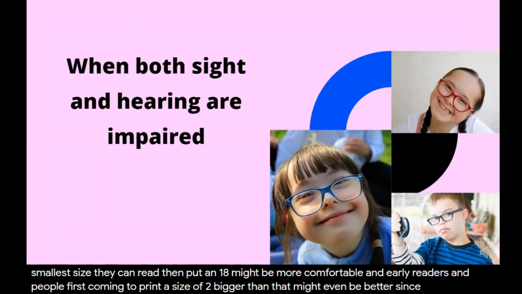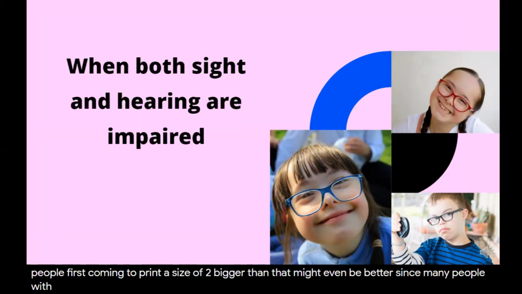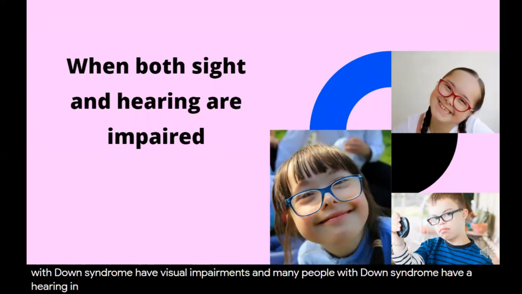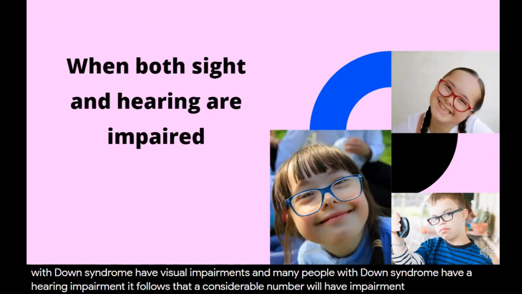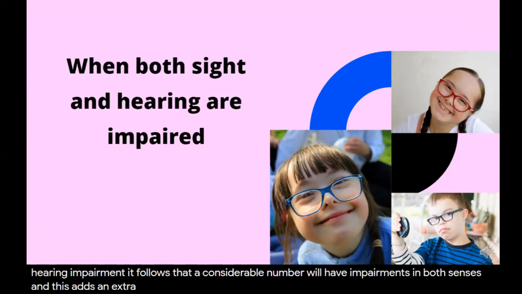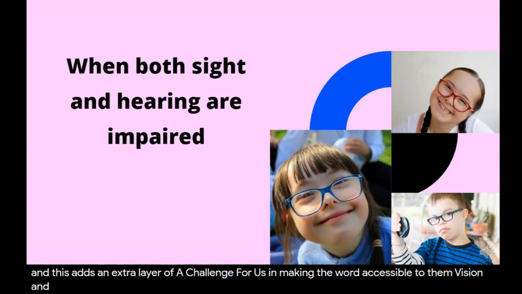Since many people with Down syndrome have visual impairment, and many have a hearing impairment, it follows that a considerable number will have impairments in both senses. And this adds an extra layer of challenge for us in making the world accessible to them. Vision and hearing are our distant senses.